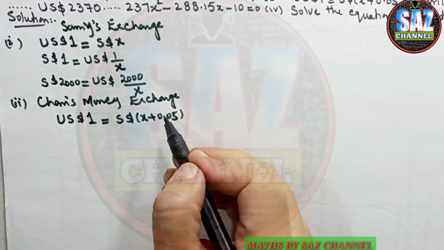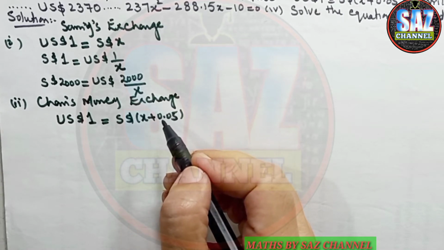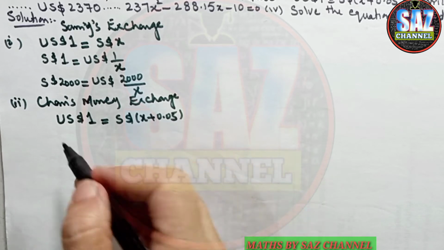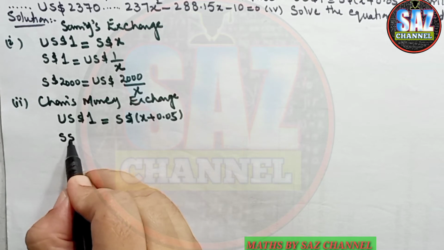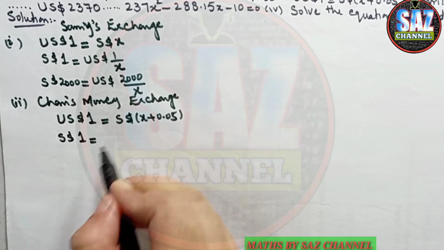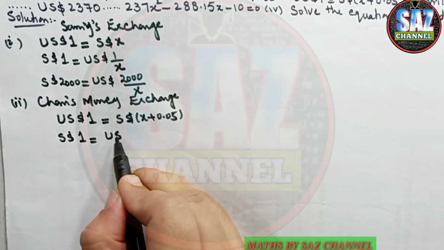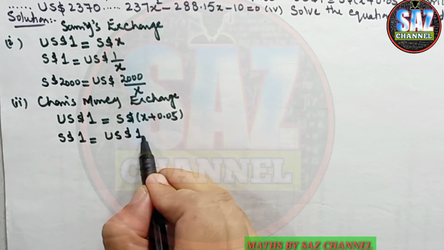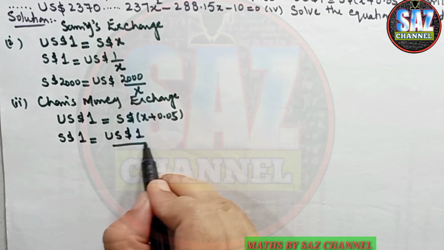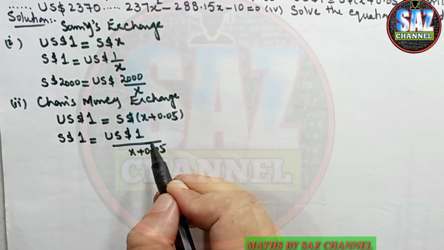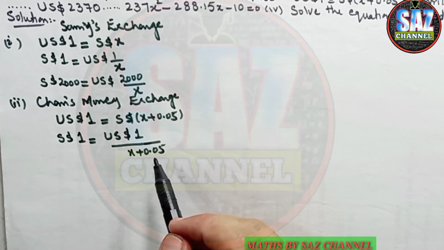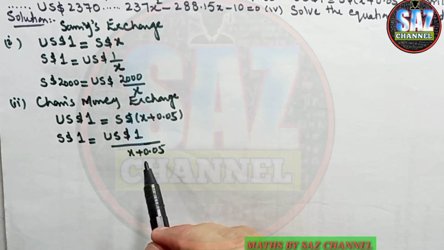Again, in the second part, she is exchanging Singaporean dollars into US dollars. So we need to find the value of Singaporean dollar 1 will be equal to US dollar 1 over X plus 0.05. Now, this is the expression for the second part of the question.